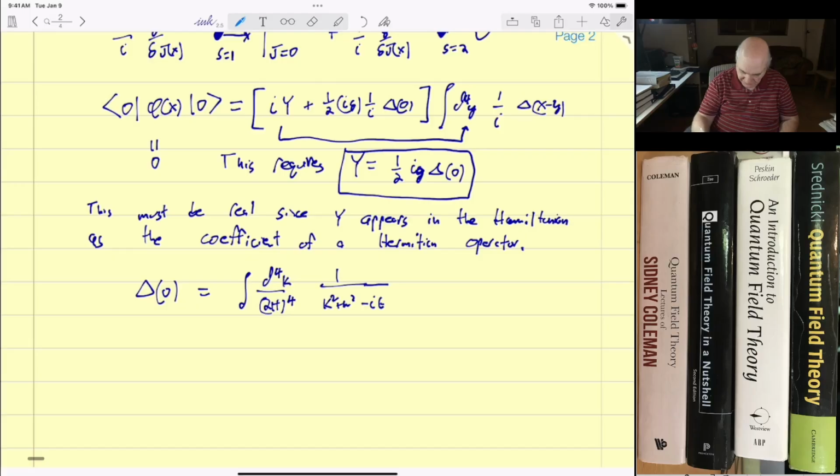You can see the divergence because a d^4k is essentially a k cubed dk, and then we have k squared in the denominator. So we're integrating something which is like k dk, and so this ends up being like a quadratic divergence.